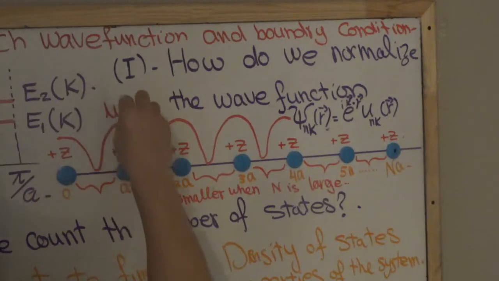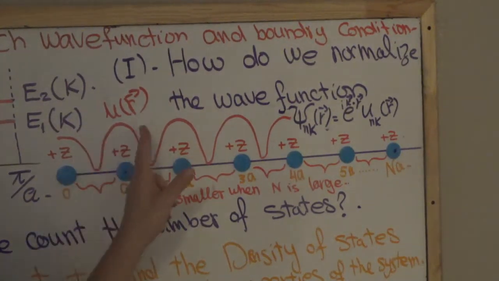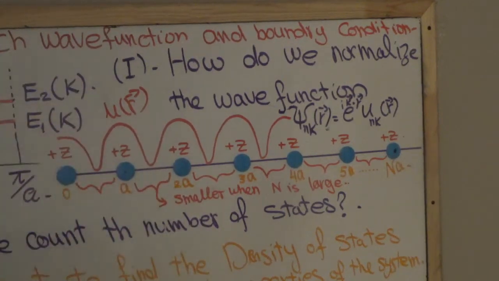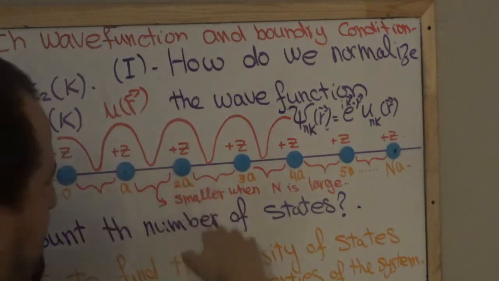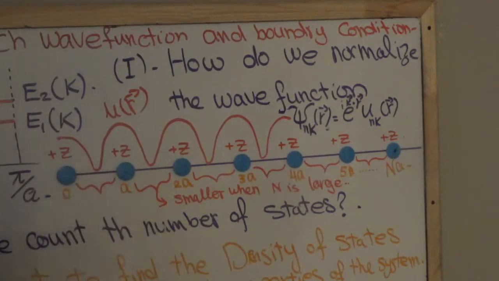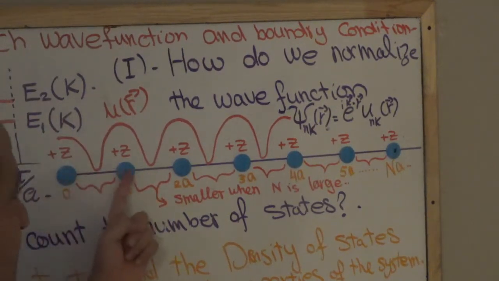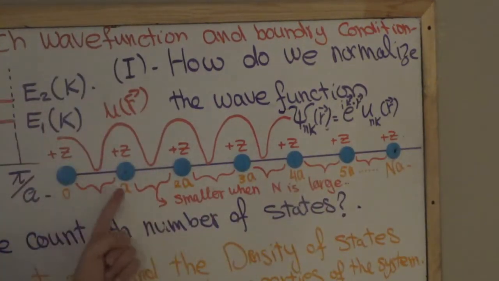This is u of r, the periodic wave function. We have barriers between these atoms. In this figure, to help you see that, we have atoms or ions, and between these ions there is a constant distance a.